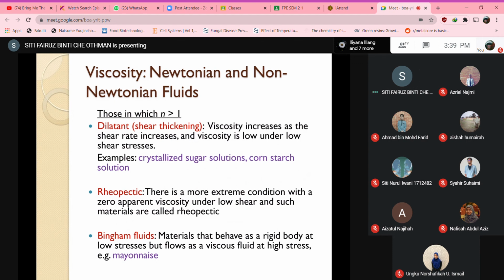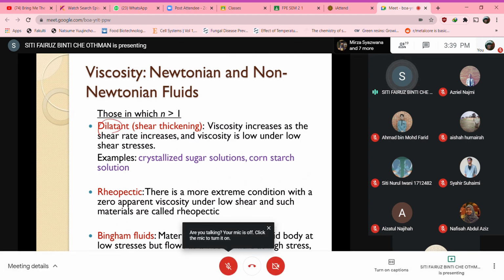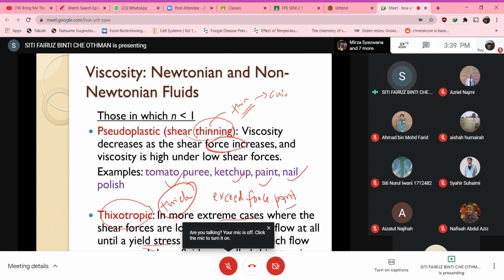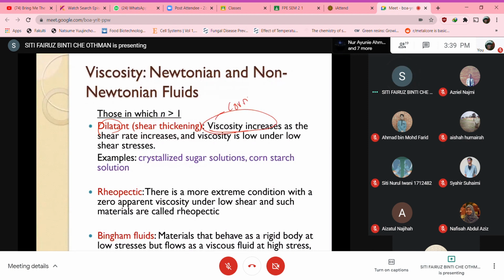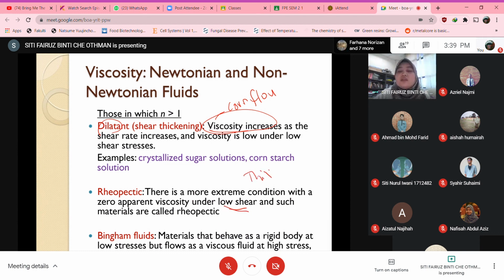Dilatant lebih kurang macam ni lah, tapi dia tak perlu extreme force. Yang ni dilatant, as viscosity increase, dia punya viscosity akan increase. Sama rheopectic, more extreme condition, zero apparent viscosity under low shear, sama juga macam thixotropic tadi.